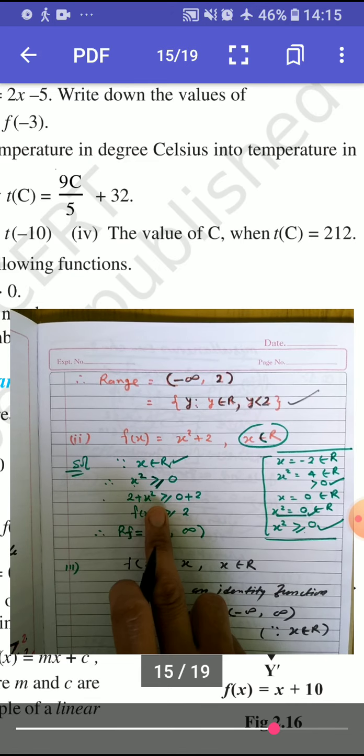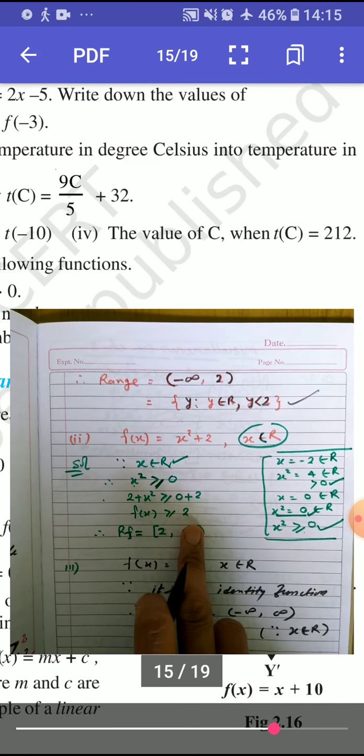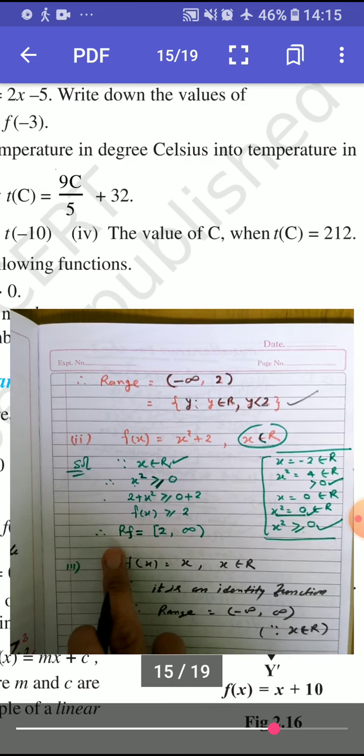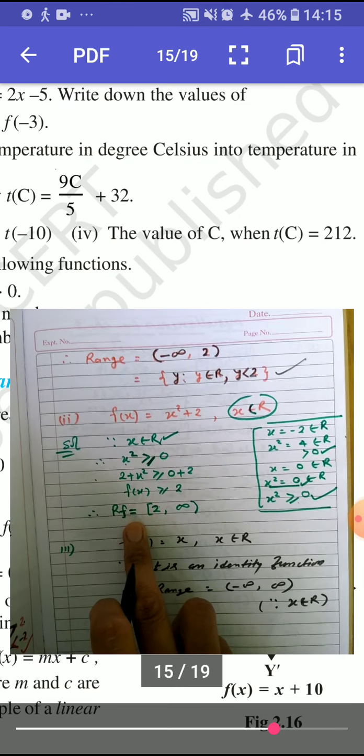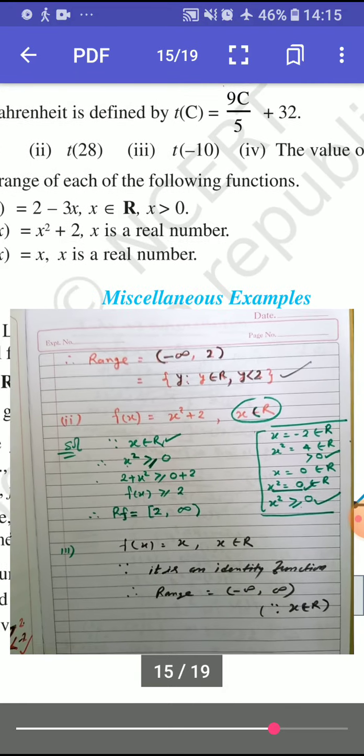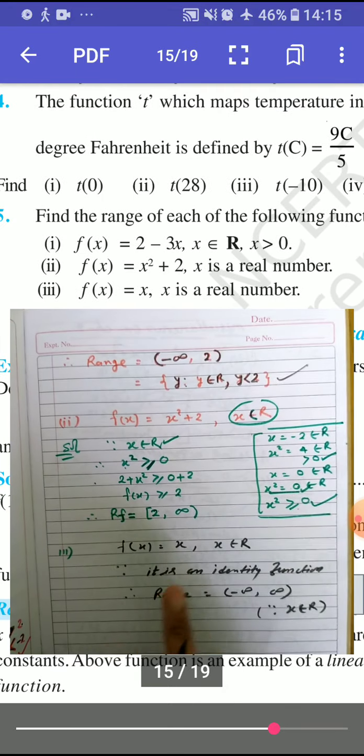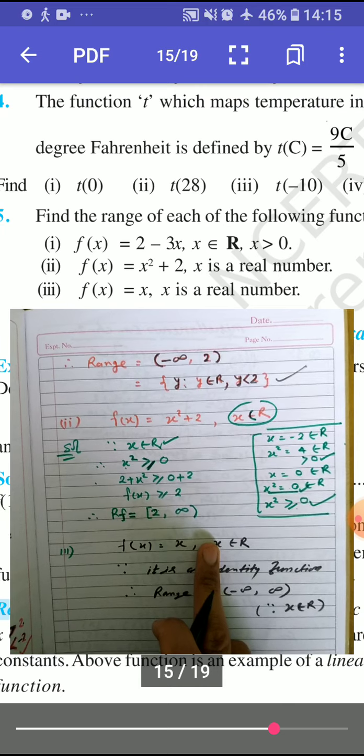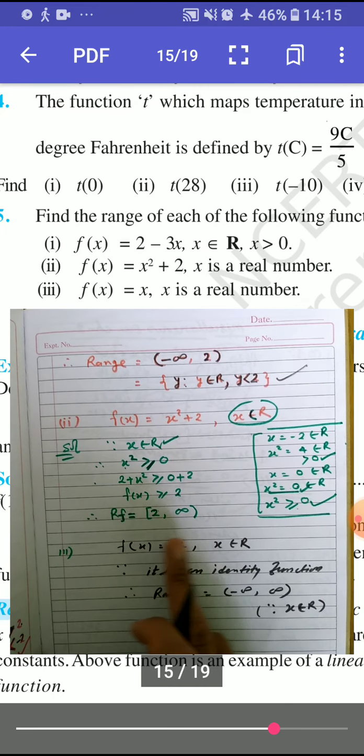So f(x) is greater than or equal to 2. Therefore, the range of the function f(x) is the interval from 2 to infinity, closed at 2 and open at infinity.